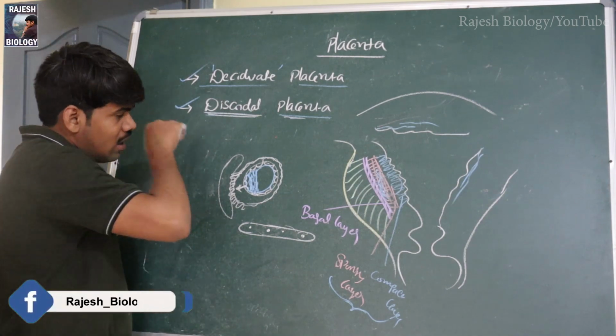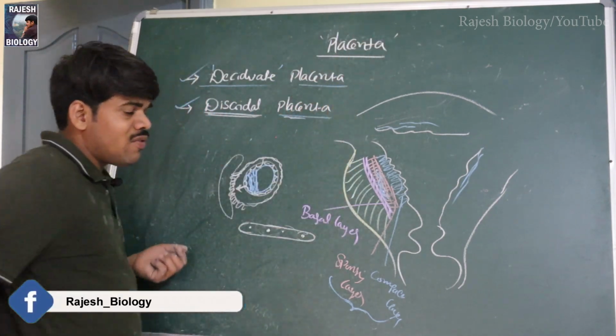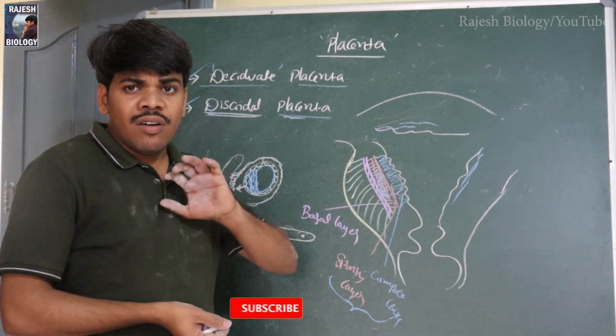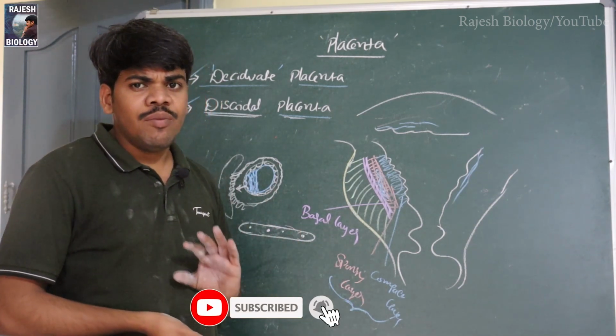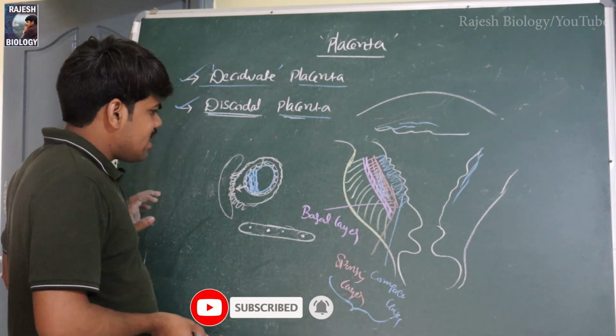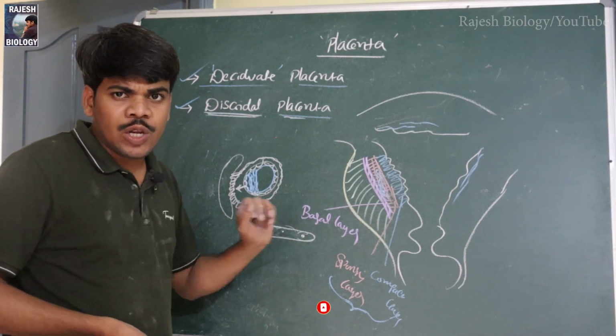Right. And you already know that the placenta is a structural and functional unit between the fetus and the mother. How this placenta is formed, I will let you know.